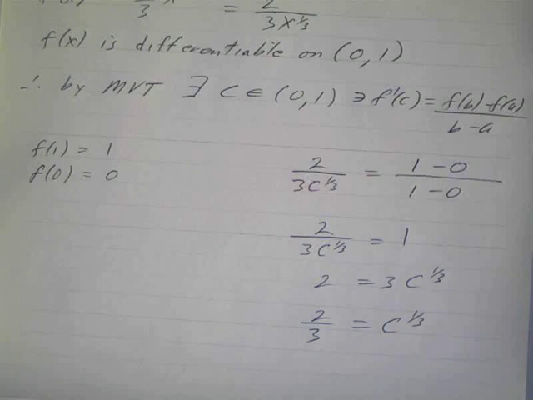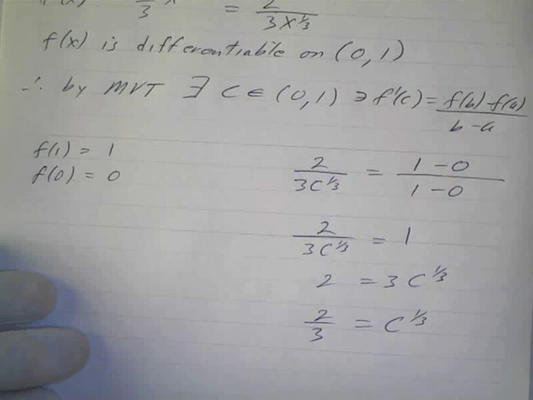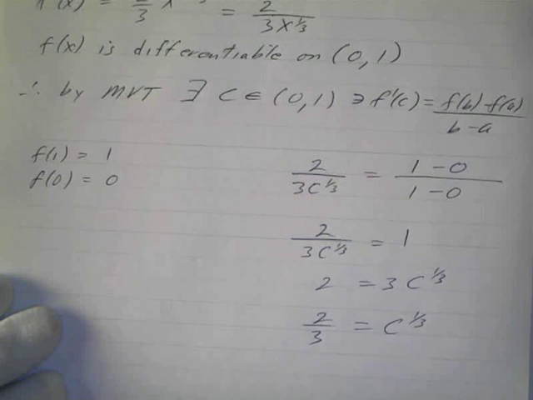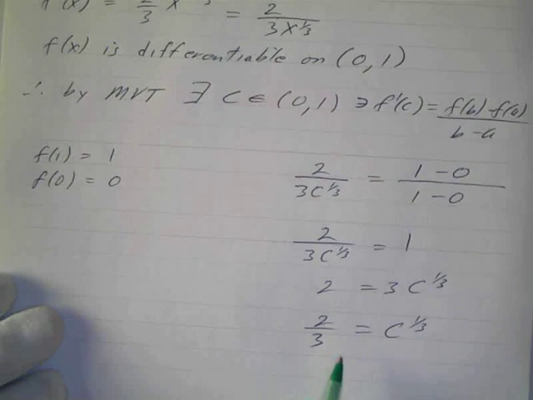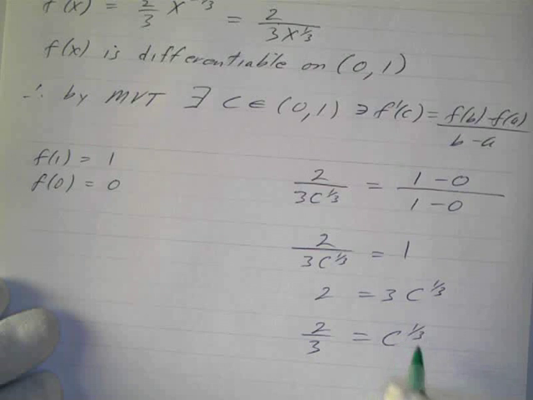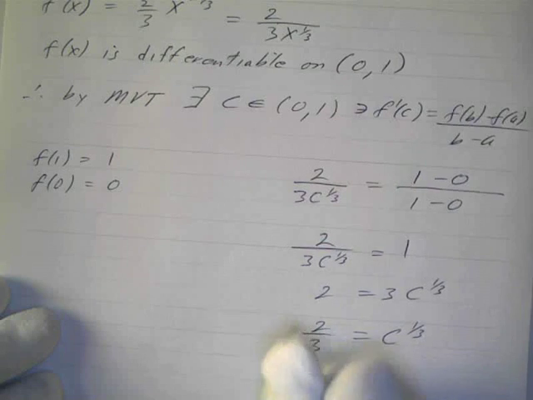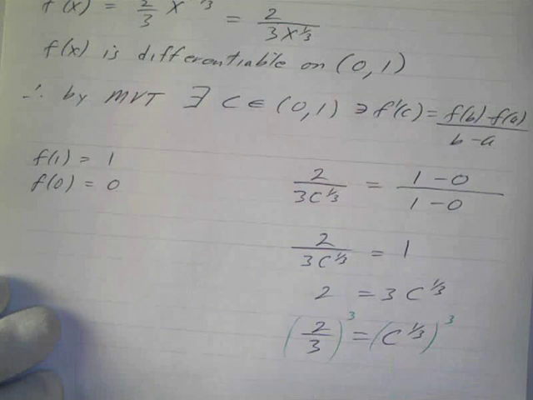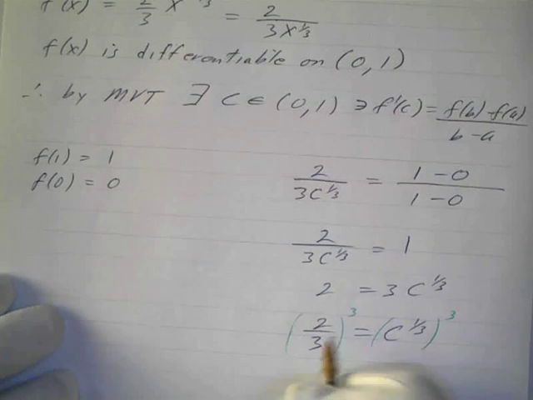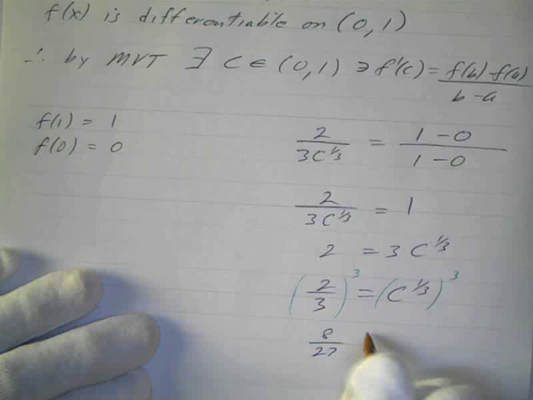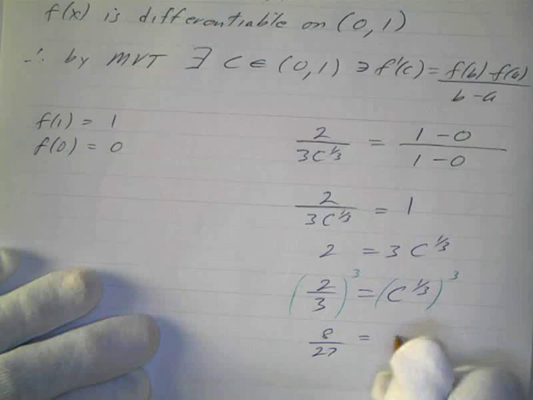And if I raise each side to the cube, we could do that because the cube root is a one-to-one function, isn't it? So if you cube the left and you cube the right, the cubes would be the same. 2 cubed is 8, 3 cubed is 27. And this is going to be c to the first power, just c.